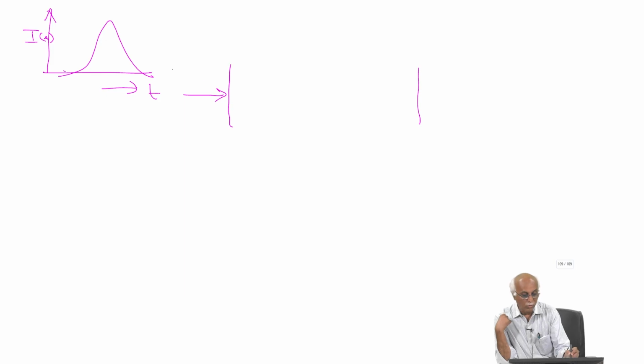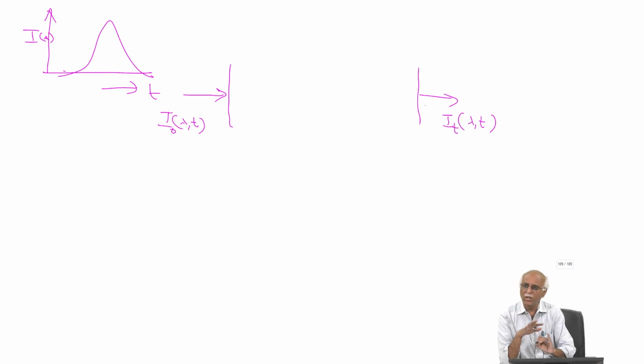So, what will you observe in the output intensity if this passes through? This is I for a given lambda, and at the time one pulse passes through, the transmitted signal will be through the cavity. This is mirror M1, this is mirror M2, and they have very high reflectivity.